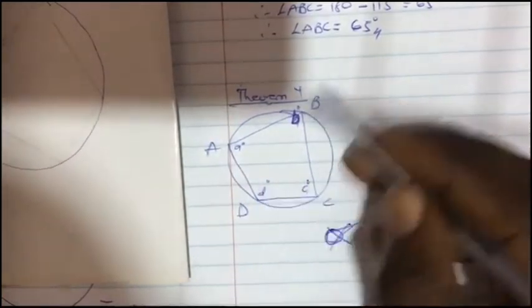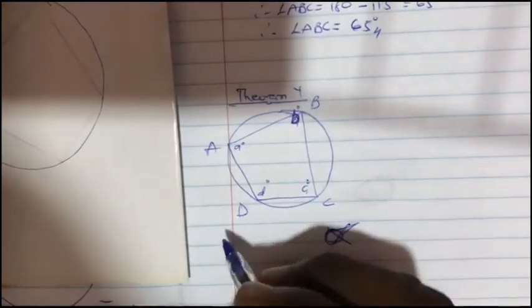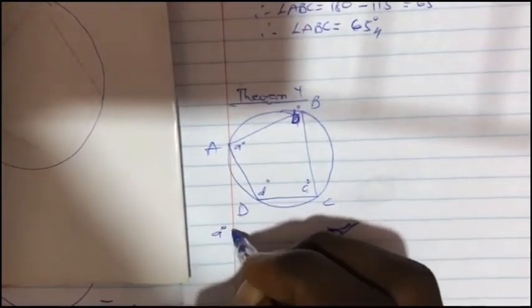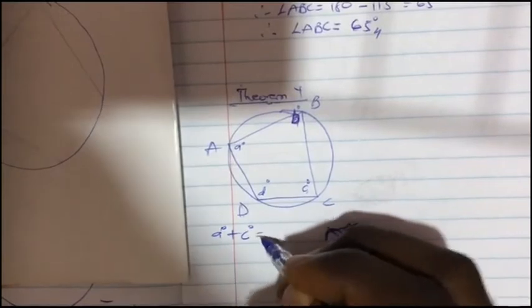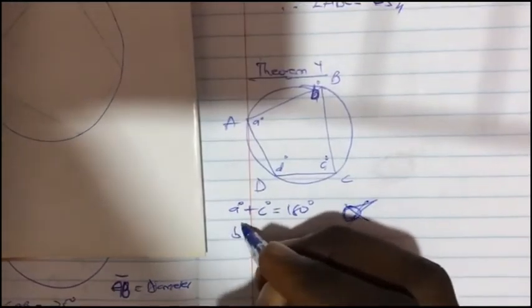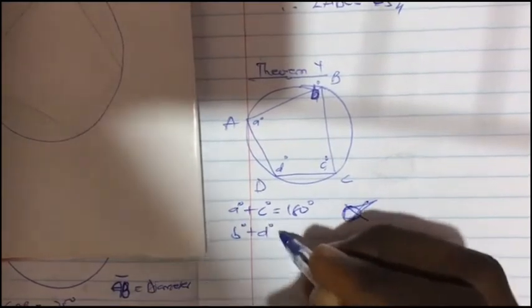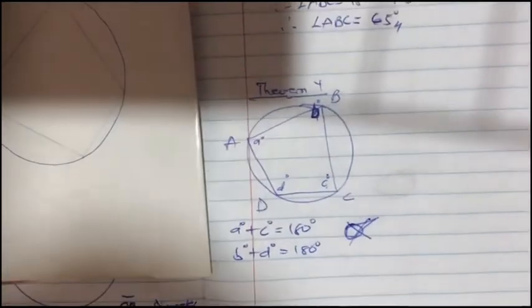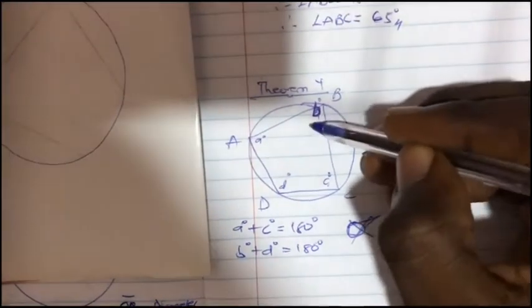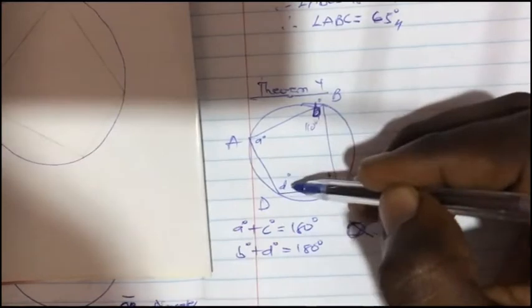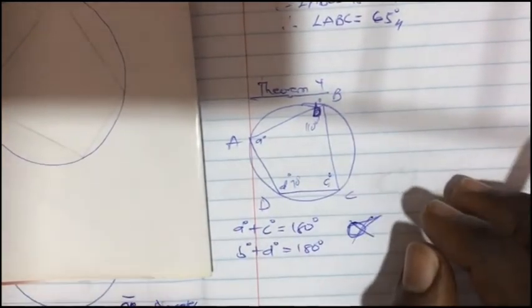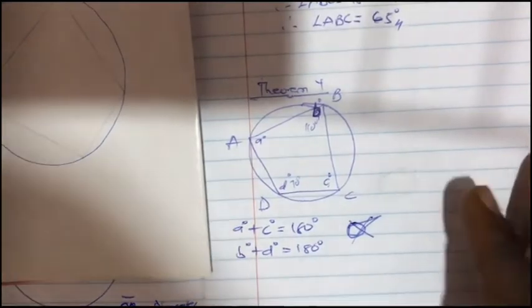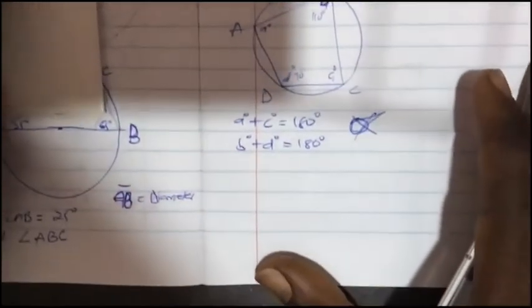The sum of opposite angles must be equal to 180. So A degrees plus C degrees is equal to 180 degrees, and B degrees plus D degrees is equal to 180 degrees. That's all the law is saying. That was why I said that if here is 110 degrees, then obviously D will be 70 degrees, provided it's a cyclic quadrilateral. As simple as that. So we are going to look at a question under this.